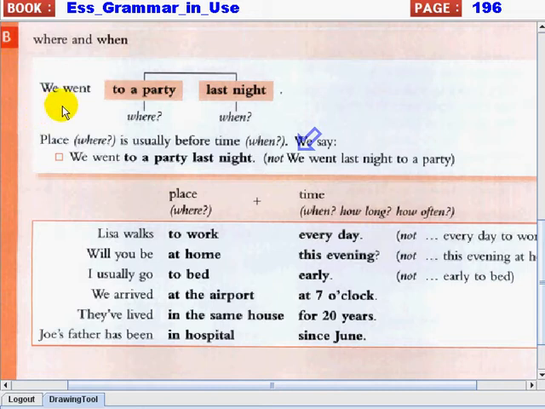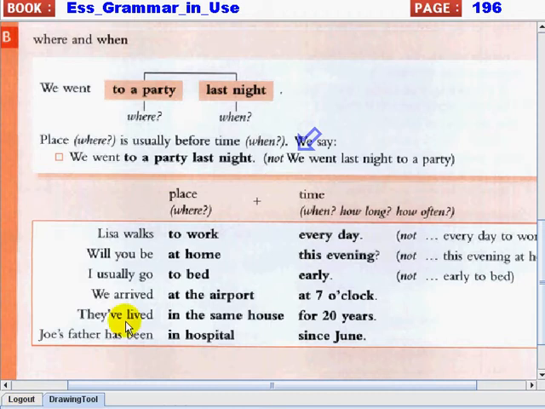Let's try to observe this sentence. We went to a party last night. We know that the proper word order should be subject plus verb and the object of our sentence.